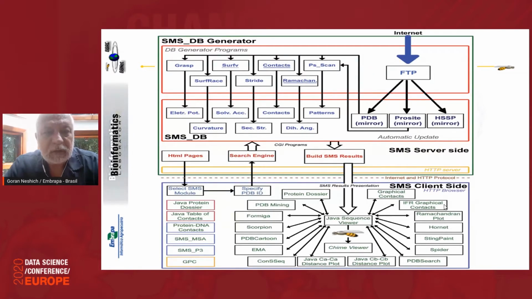Then we create parameters such as electrostatic potential, curvature, solvent accessibility, secondary structure elements, contacts, dihedral angles, and so on. Once we have all these in the database, the user, through the modules which are listed on the bottom part of the screen and through the search engine, can actually acquire all these parameters and show them.